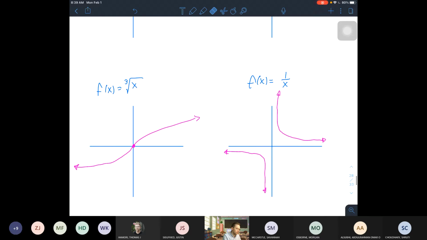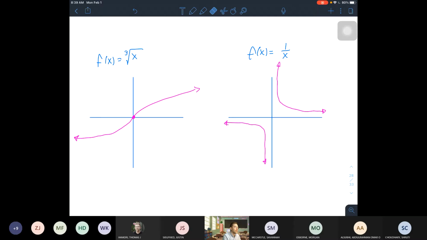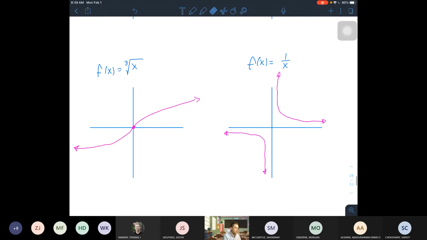All right, now let's talk about the cube root of x. The cube root of x is going to look a lot like the square root of x on the right-hand side. And on the left-hand side, since we can do cube roots of negative numbers, in fact any odd-powered roots of negative numbers, we are actually going to graph that.